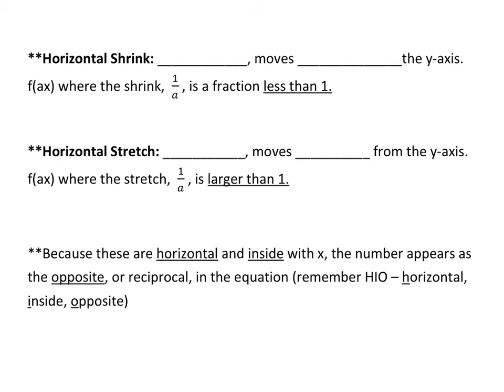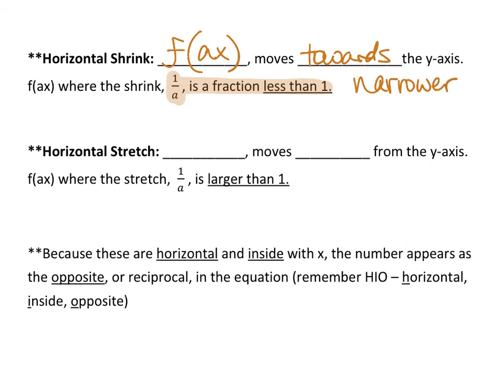So horizontal shrink, the formula is f of ax. It moves the graph towards the y-axis, and the fraction is less than 1. Remember, this one gets narrower. A horizontal stretch, on the other hand, remember that was shrink.